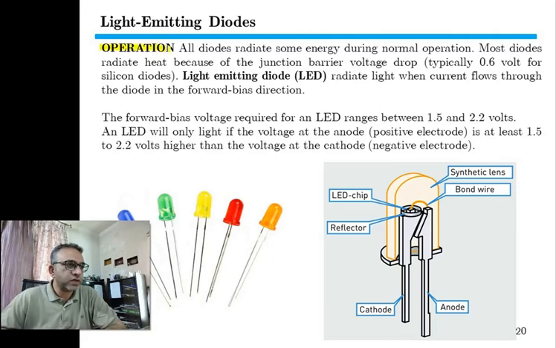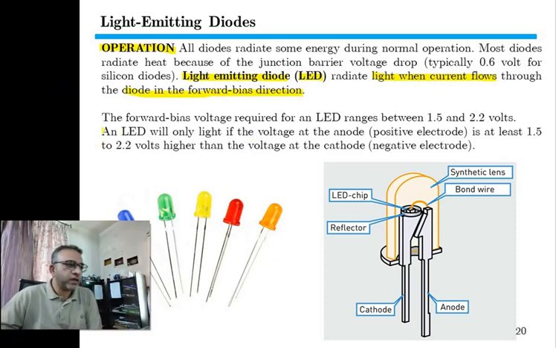So let us first come to the operation. All diodes radiate some energy during normal operation. Most diodes radiate heat because of the junction barrier voltage drop, typically 0.6 volt for a silicon diode. This author has 0.6 volt, but the more accepted value is 0.7 volt. Light emitting diode or LED radiates light when current flows through the diode in the forward bias direction.